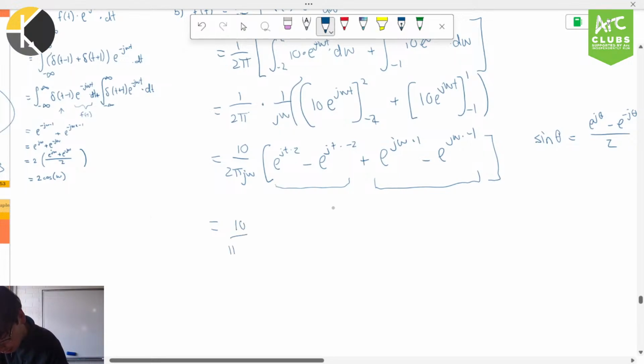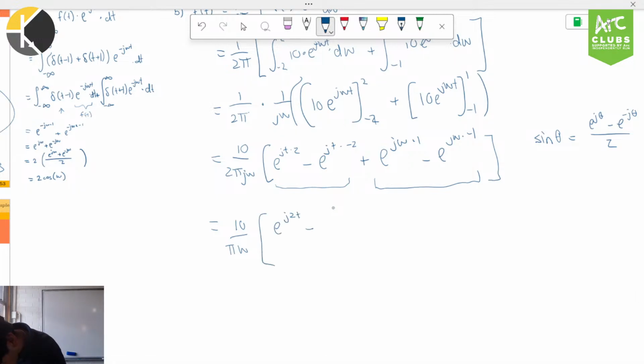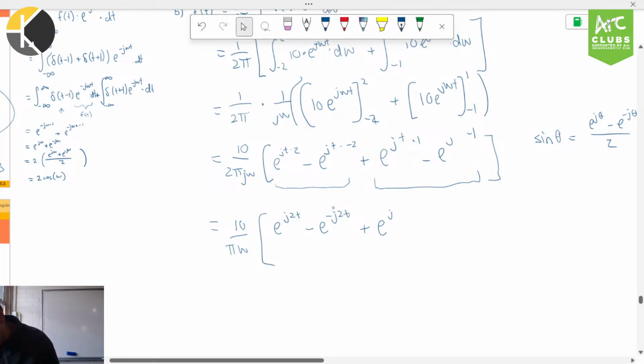We have 10 on pi omega out the front, and then we'll have e to the j2t minus e to the minus j2t plus e to the j, sorry, again these should be t's because we're integrating with respect to omega, so we're actually subbing in the omega and getting rid of it.